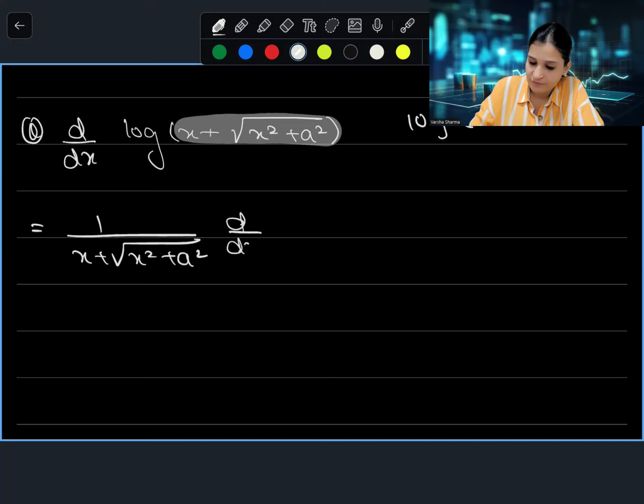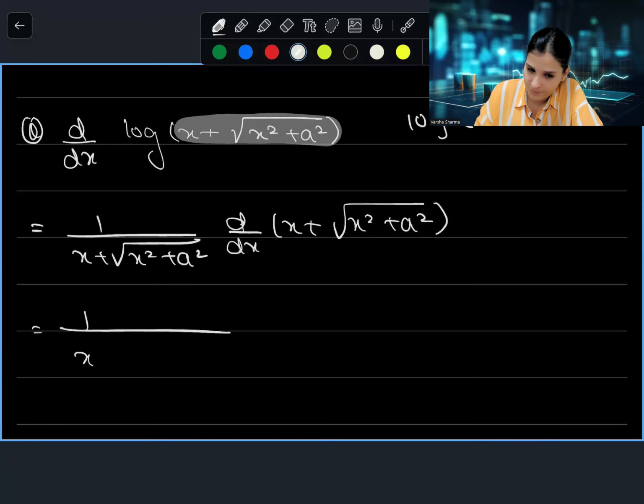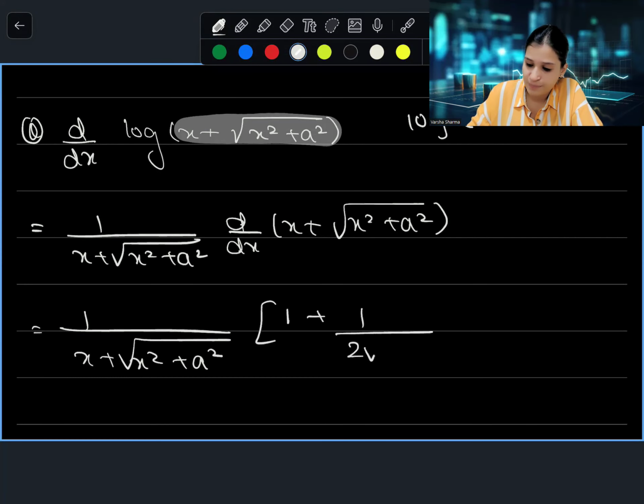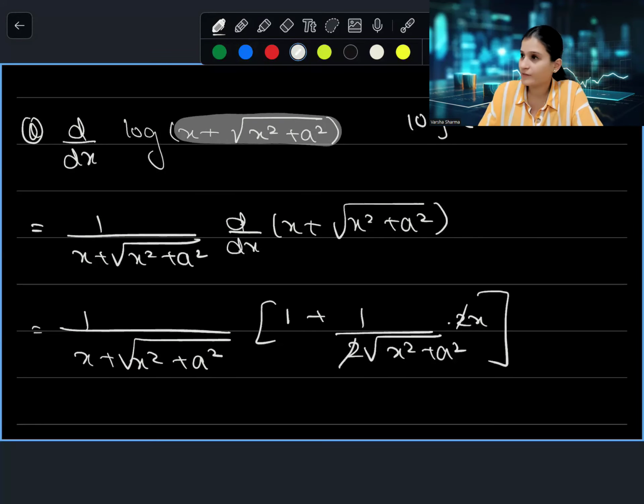Instead of x, we have x plus root over x square plus a square, so 1 by x plus root over x square plus a square. Differentiation of x is 1. Root x gives 1 by 2 root x square plus a square, and differentiation of x square plus a square is 2x.